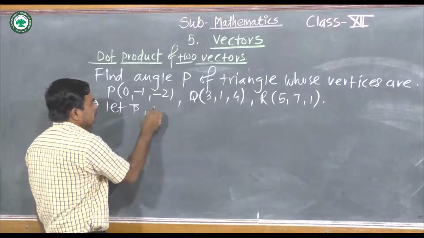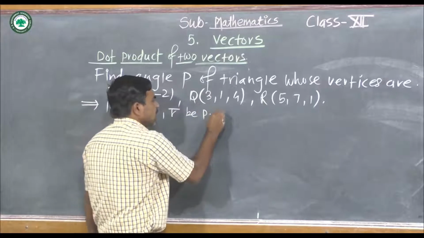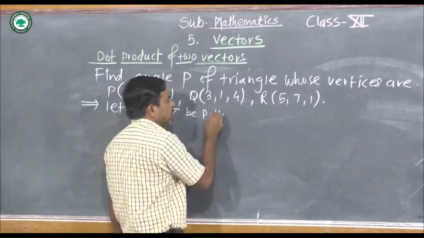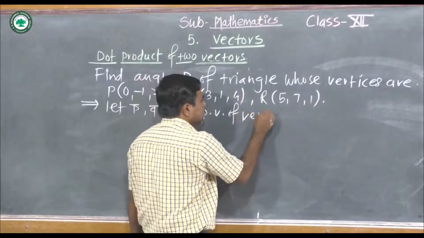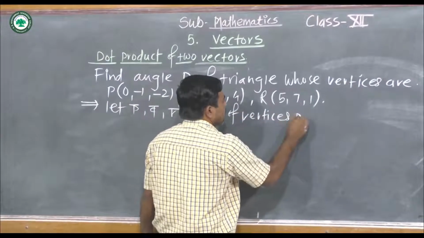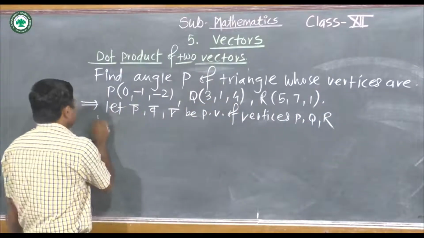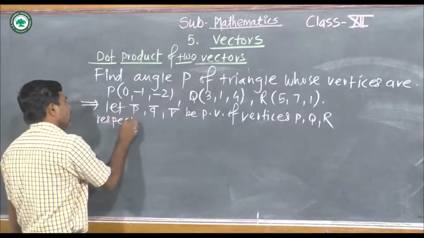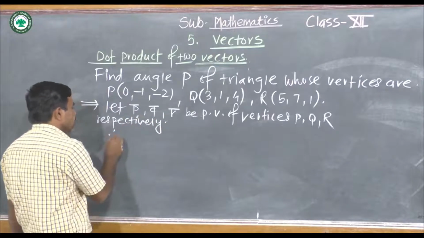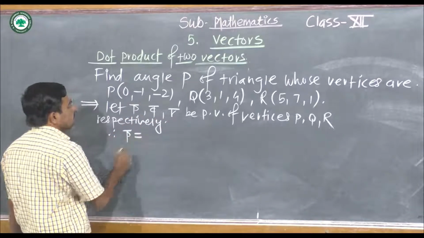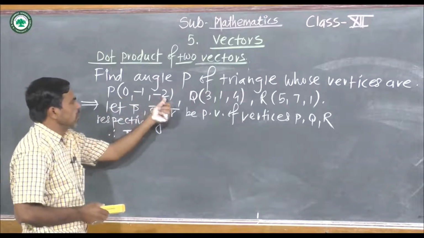let small p bar, small q bar and small r bar be the position vectors of the vertices P, Q, R respectively. So therefore small p bar is equal to, the vertex is here 0, minus 1, minus 2.